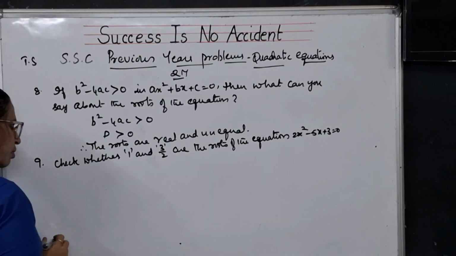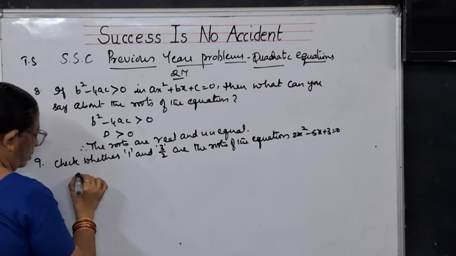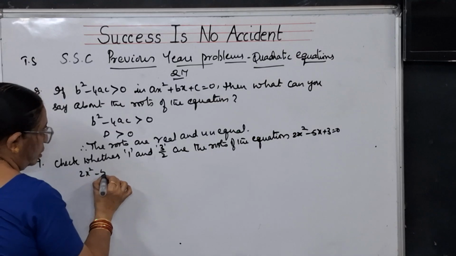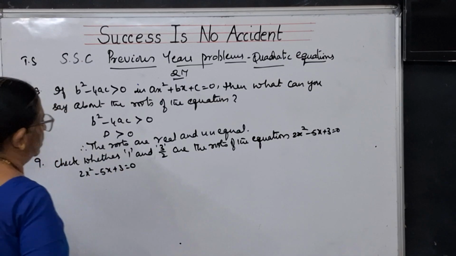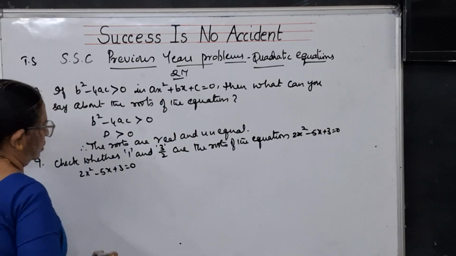So, we have got the equation 2x square minus 5x plus 3 is equal to 0. Check whether 1 and 3 by 2 are the roots.